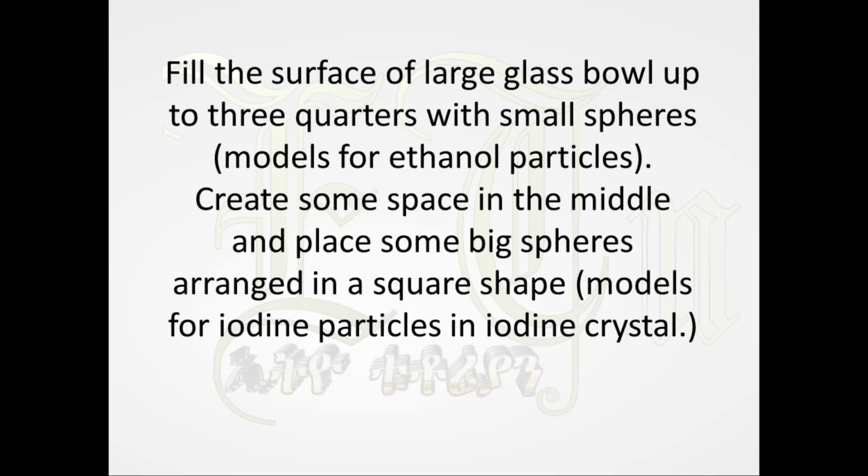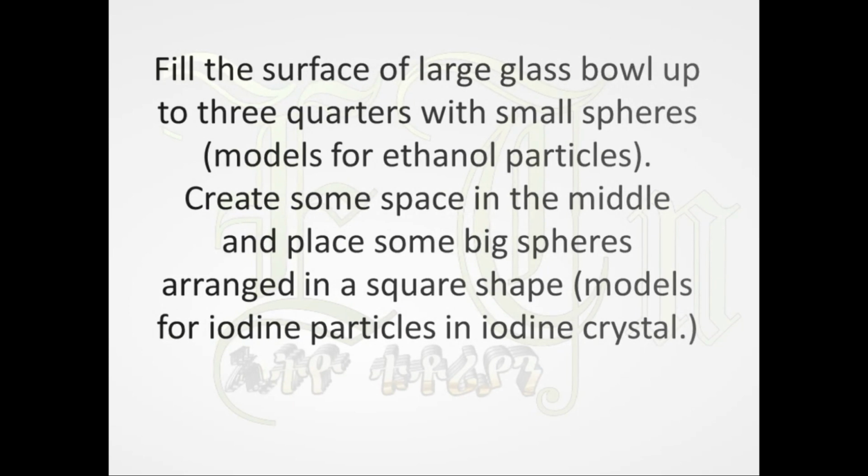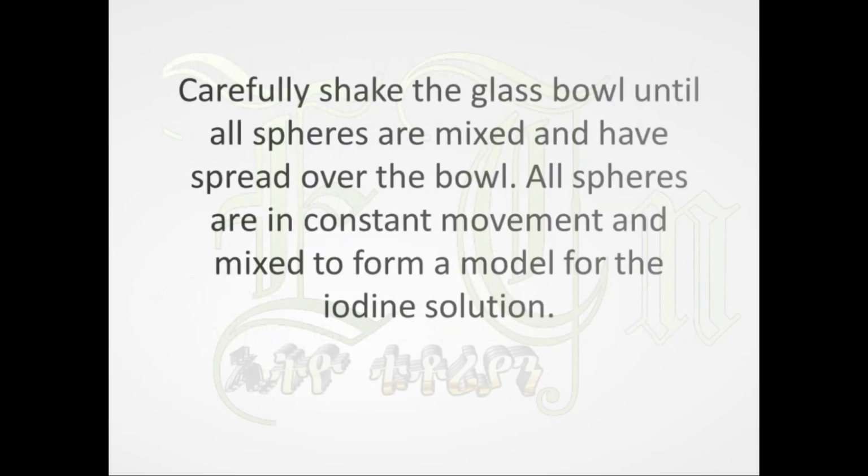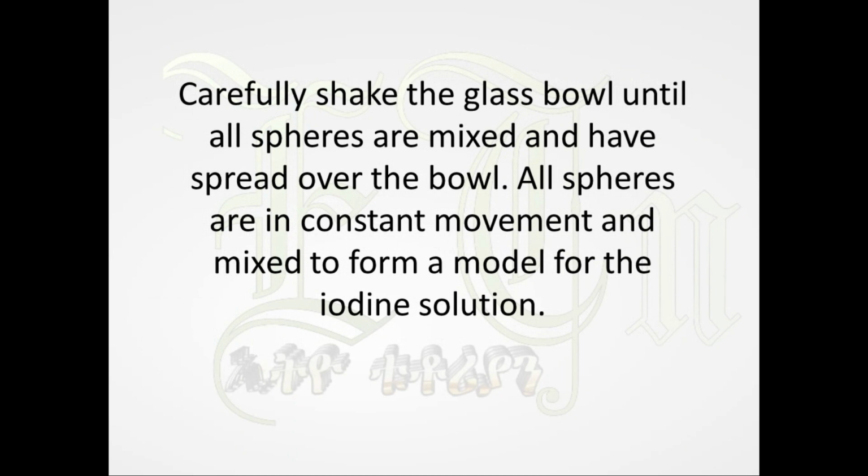Create some space in the middle and place some big spheres arranged in a square shape, models for iodine particles in an iodine crystal. Carefully shake the glass bowl until all spheres are mixed and have spread over the bowl. All spheres are in constant movement and mix to form a model for the iodine solution.